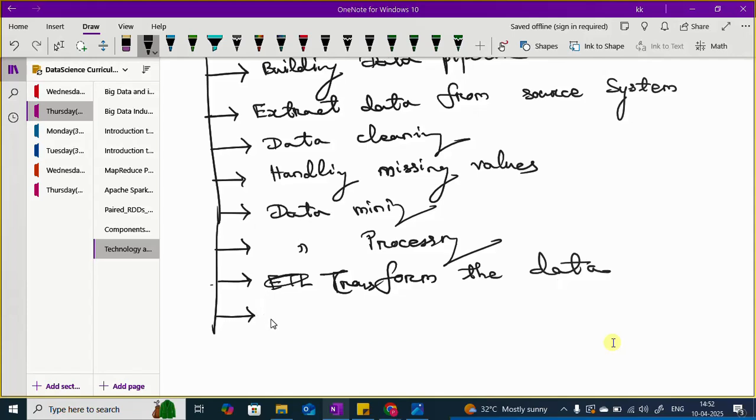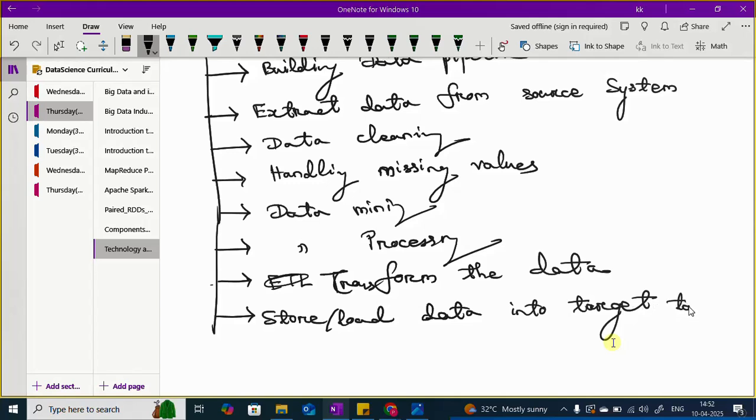Then they have to store or load the data into the target table. Clear? Data cleaning, handling missing values, data mining, data processing, transform the data, store or load the data into the target table and all. Clear? These are the typical work of a data engineer.